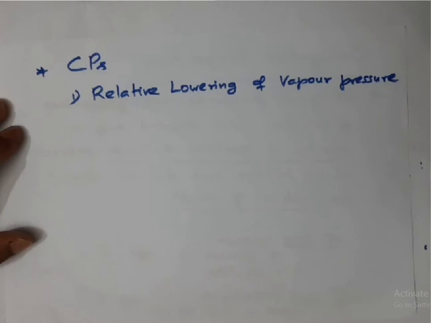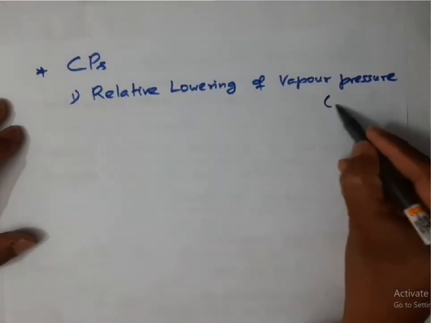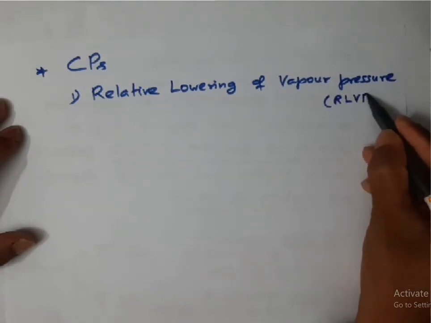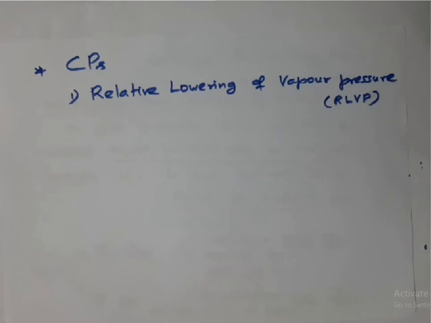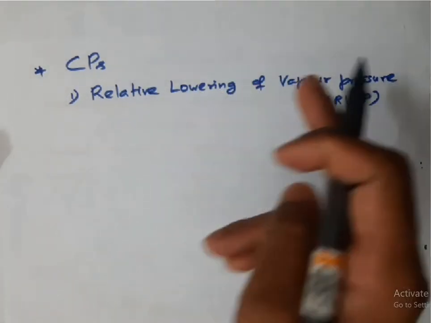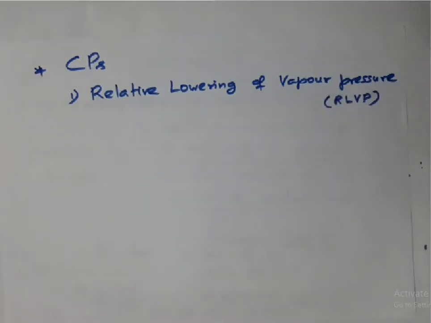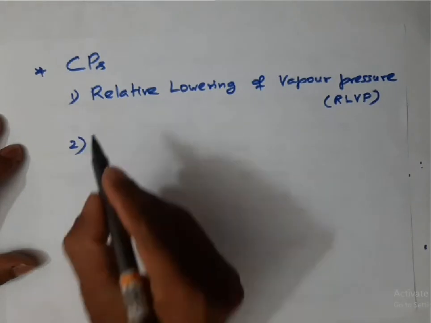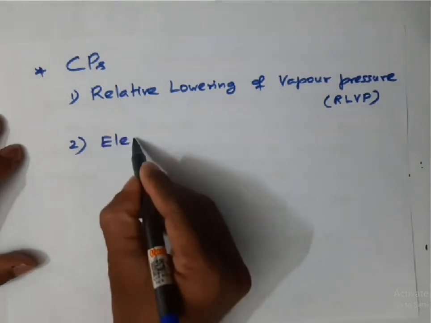For simplicity we can write it as RLVP, just for our convenience. Relative lowering of vapor pressure. Number 2, the second colligative property, is elevation of boiling point.